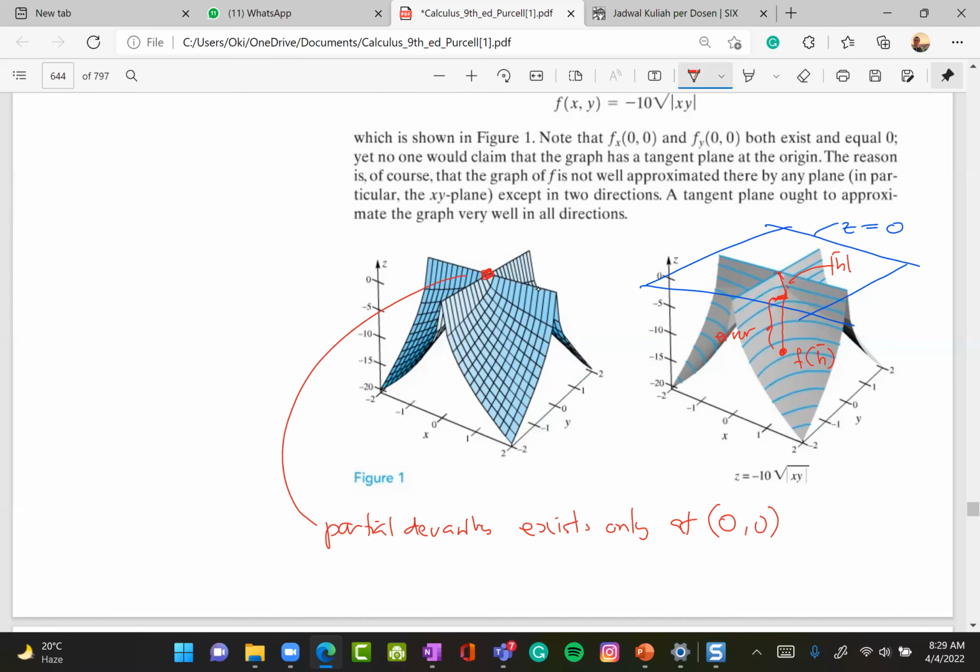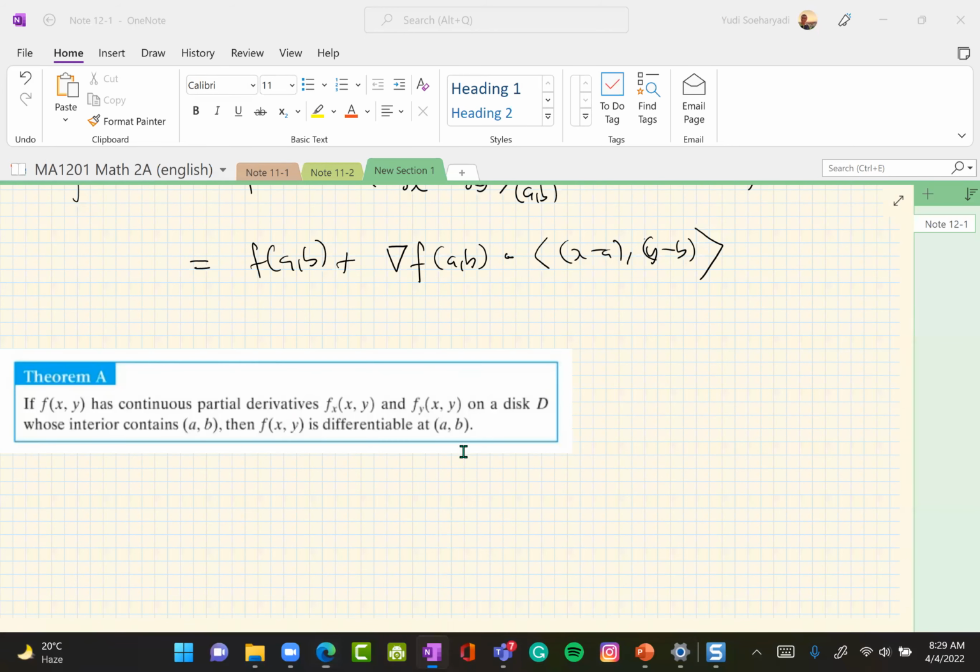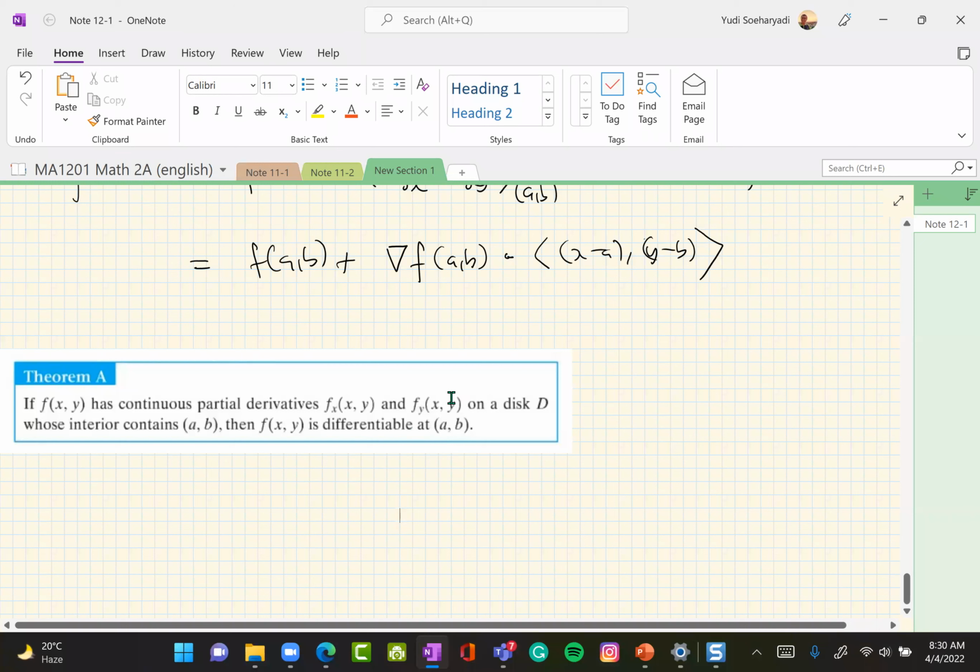That's the problem. It's not defined on some set containing the 0. So only at this point. That's the reason why we cannot use this theorem. So if the partial derivative exists, but only at the point, so not on a disk containing a b. Okay, so this is all right. So our case is always differentiable for two variables.